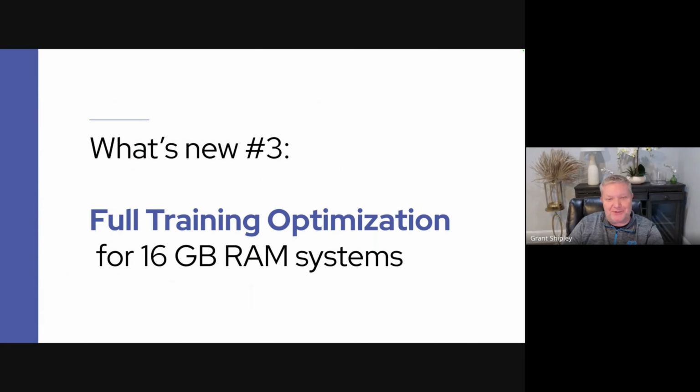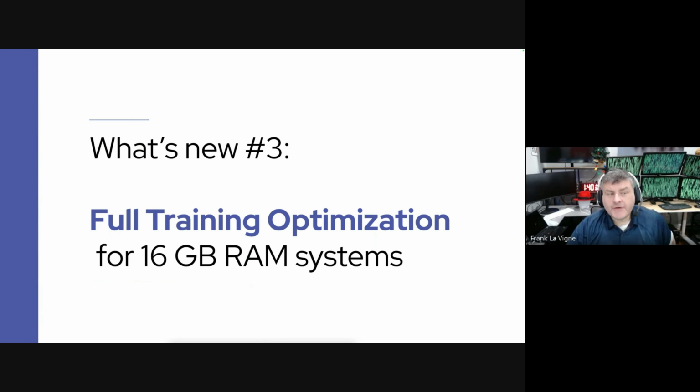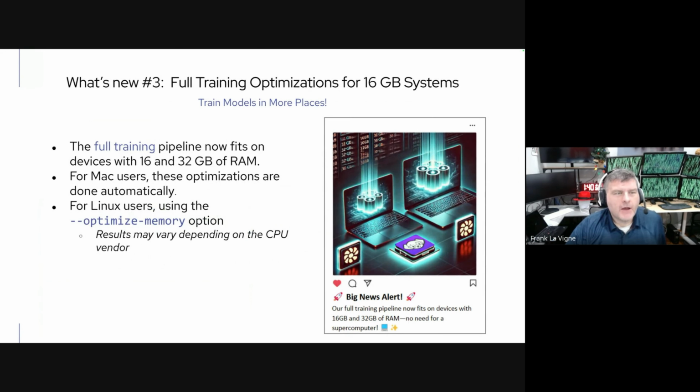All right, so let's go on to number 3, Frank. Yes, so very much along these lines, we now offer full training optimizations for systems with as little as 16 gigs of RAM. Next slide, please. So what this means is that you can run the full training on more places.